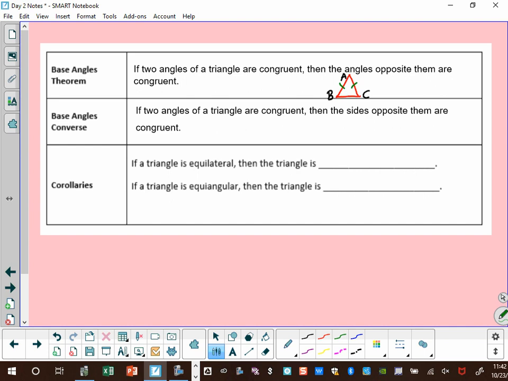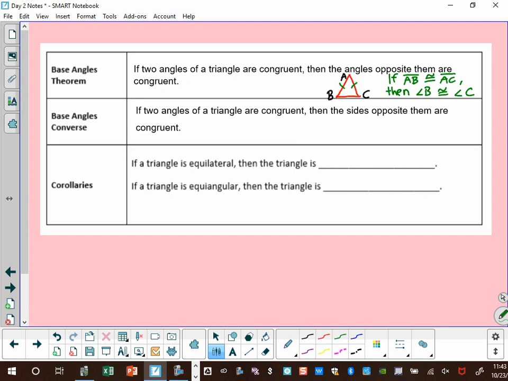That means that if AB is congruent to AC, then angle B is congruent to angle C. So if they give us those hash marks, which mean congruency, on AB and AC, then the angles B and C are going to be equal too.